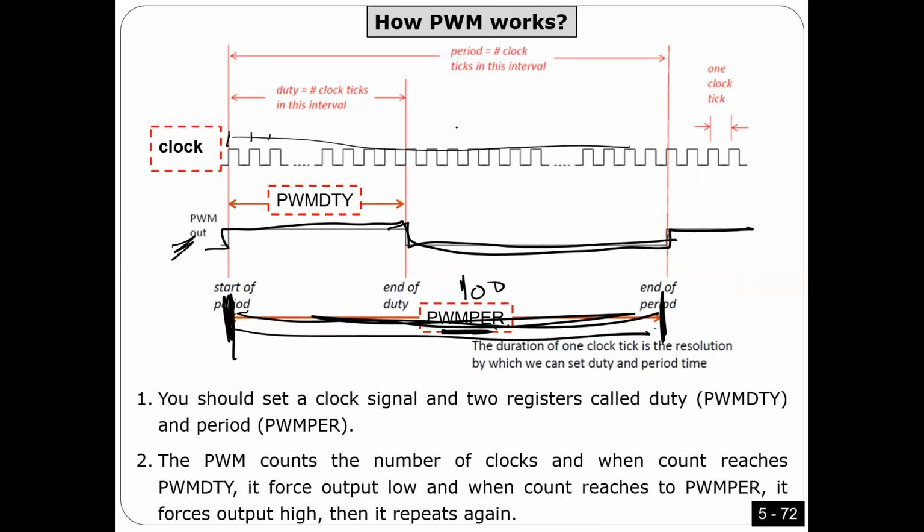Is that okay? Also, we have another register, we call it pulse width modulation duty. This is for the duty cycle. Again, the number I put here, for example if I put 50, means the time from here to here is going to be 50 cycles from the clock. So now you have two registers. This register controls the period, the frequency. This one controls the duty cycle.